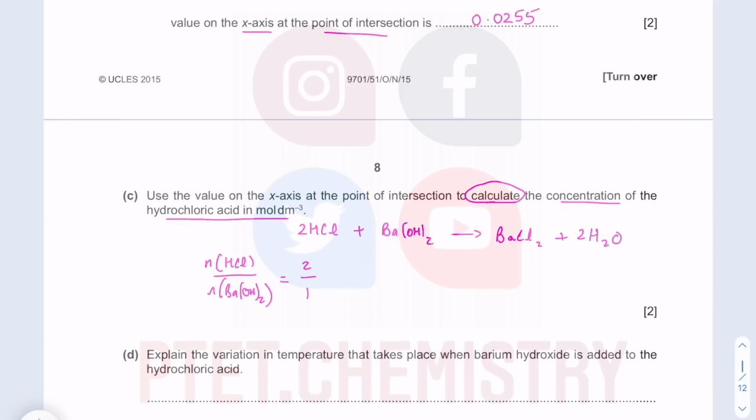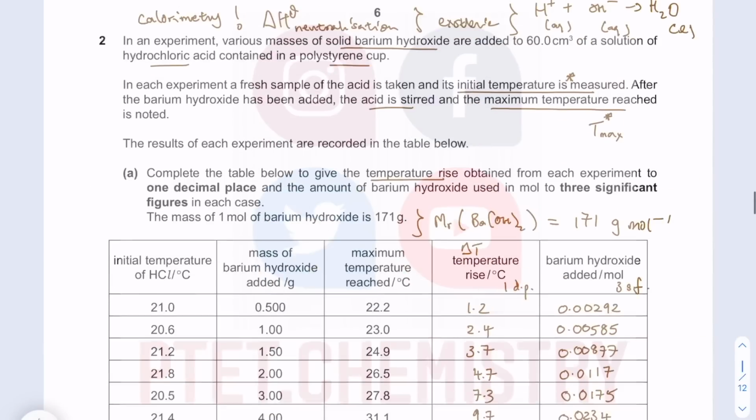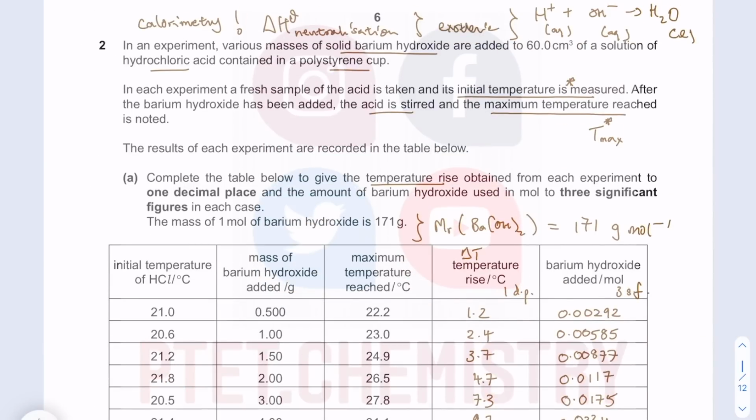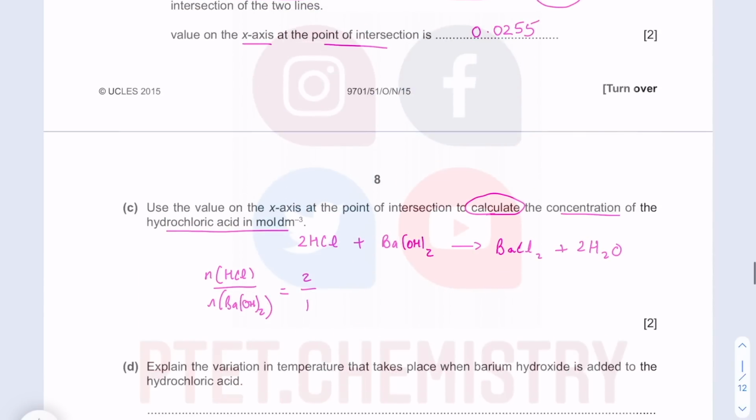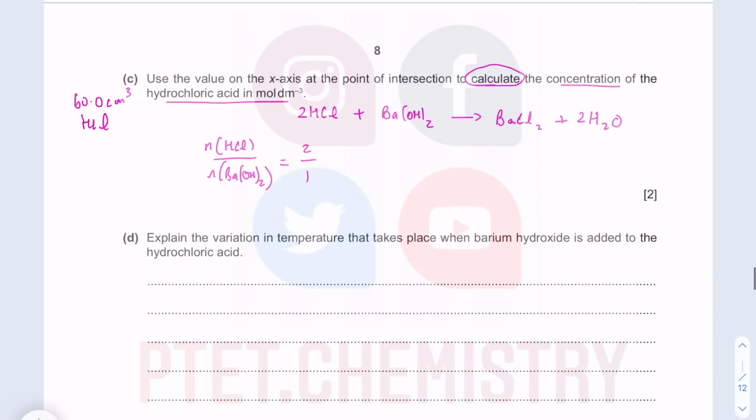And how much volume of HCl do we use? Well, there is 60 cm cube of hydrochloric acid. So there was 60.0 cm cube HCl, and we want the concentration of the HCl.